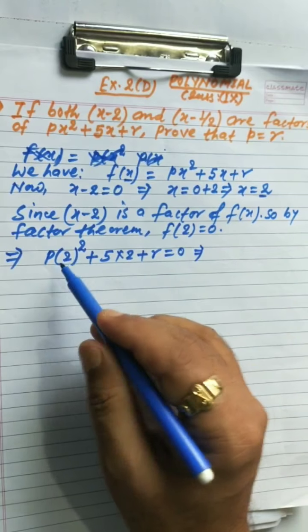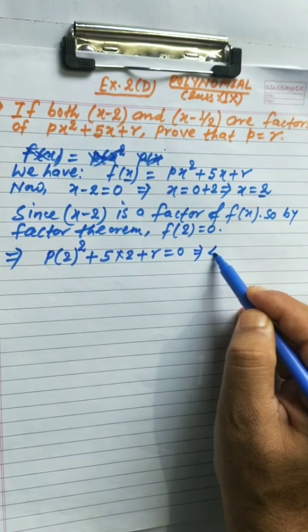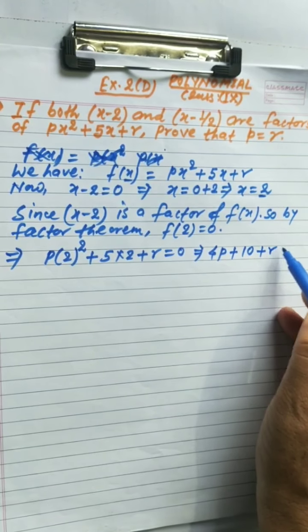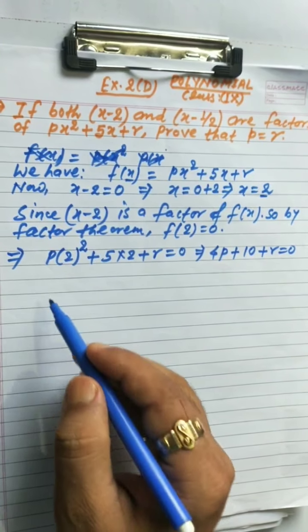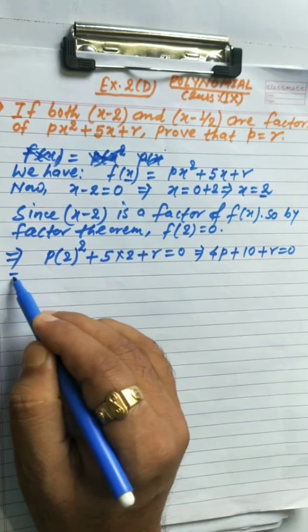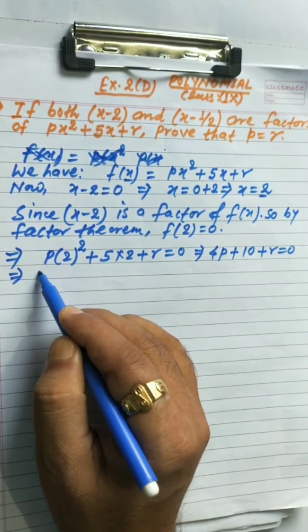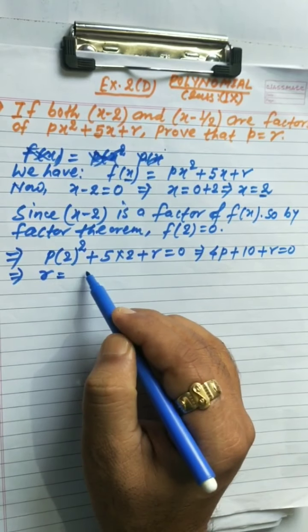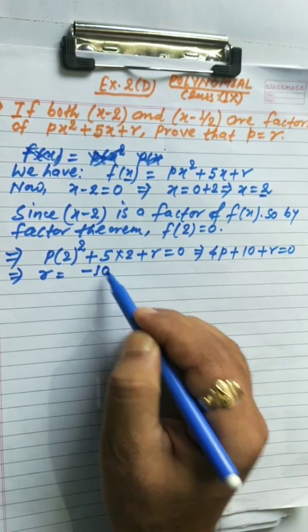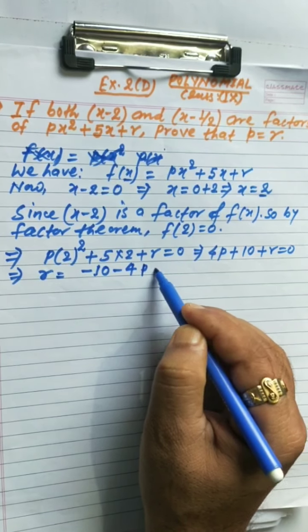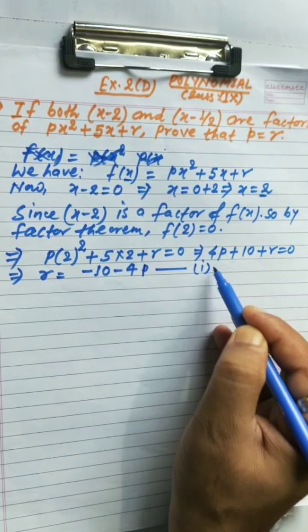This implies that 2 square is 4, and p is there, plus 10 plus r is equal to 0. So you can find the value of r. r will be equal to minus 10 minus 4p. Let us consider it as equation first.